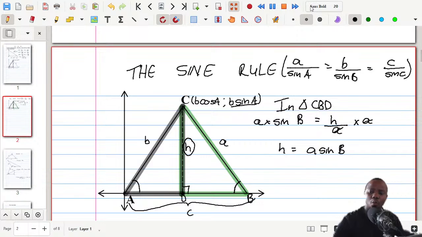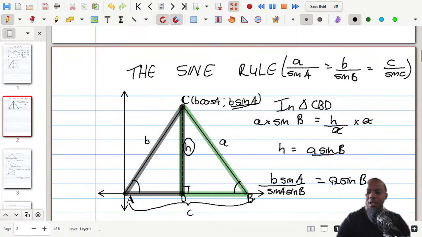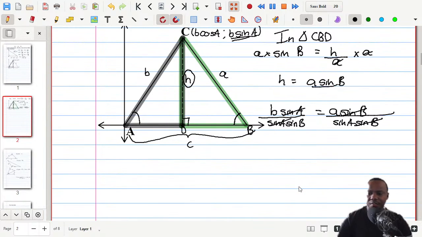What I can do is I could say, okay, now that I've got H here and I've got H there, let me equate the two. So B sine A is equal to A sine B. What we can do from here is divide both sides by sine A sine B. What's going to happen is sine B will cancel sine B, sine A will cancel sine A. What we will remain with is the following.